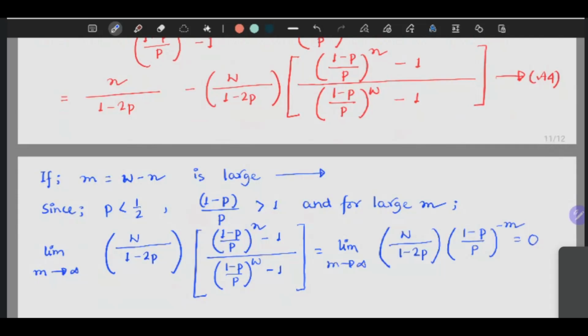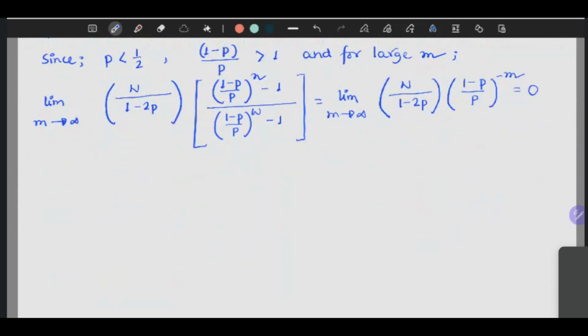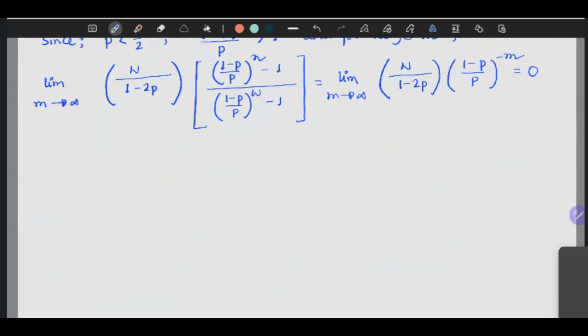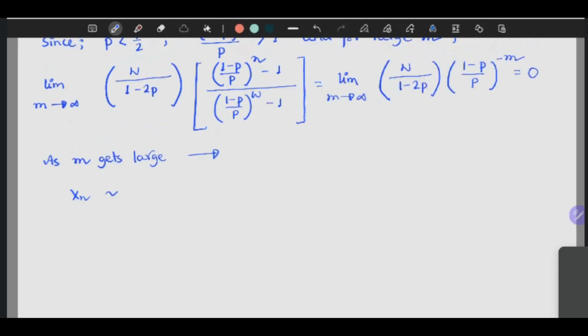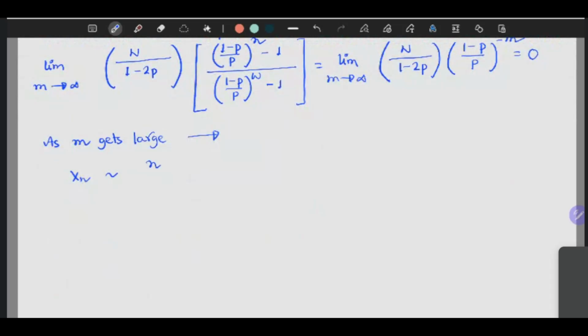So 0, that means as m tends to infinity, as m gets large, x_n then becomes on this term n by 1 minus 2p.